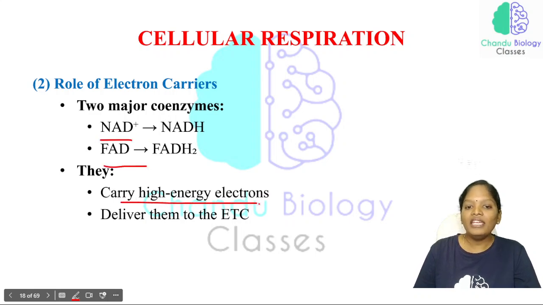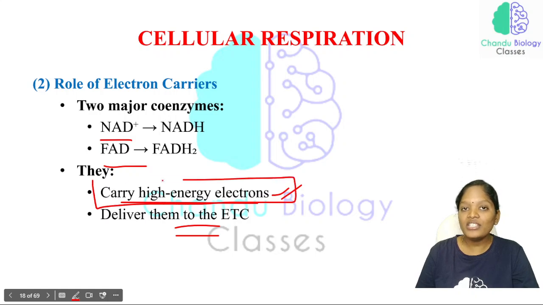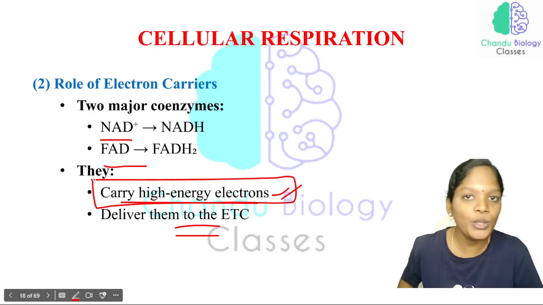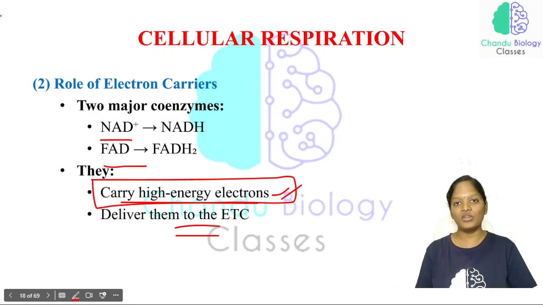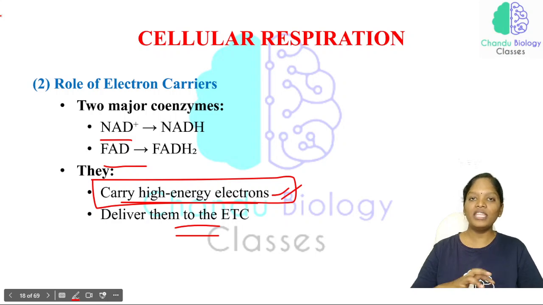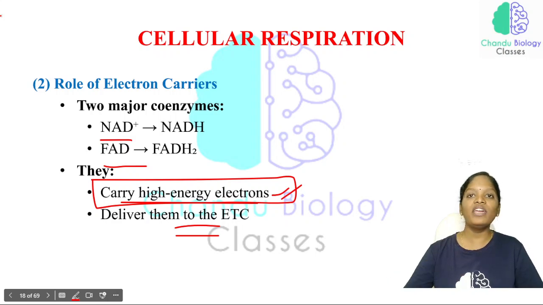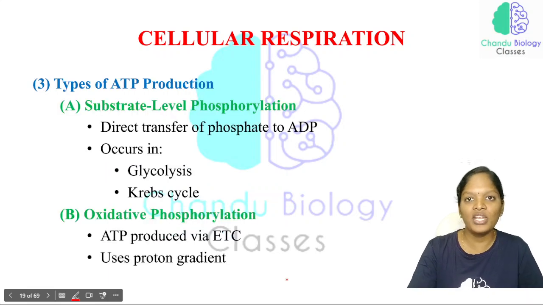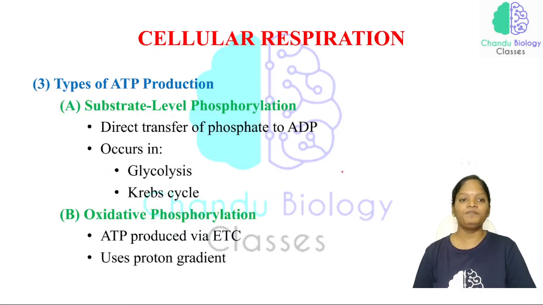They carry high energy electrons and deliver them to the electron transport chain. They are not carrying just one or two electrons; they are high energy electron carriers, donating all these electrons to the electron transport chain. We'll discuss what the electron transport chain means.